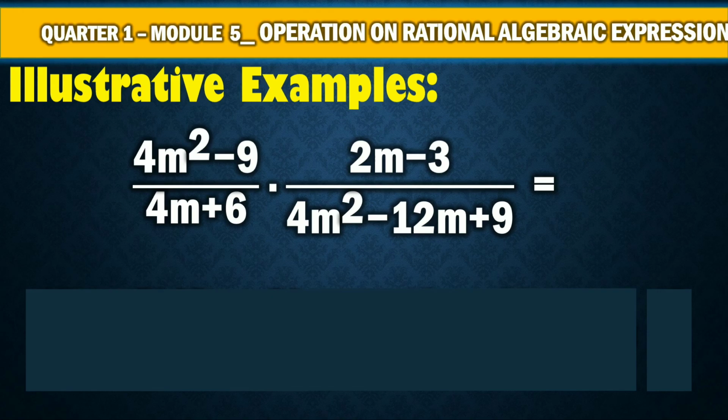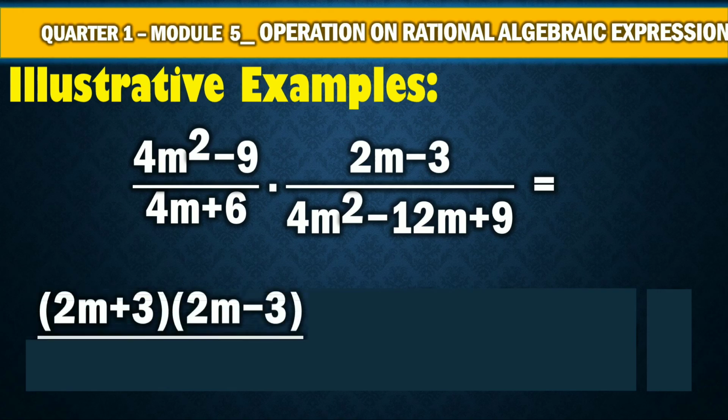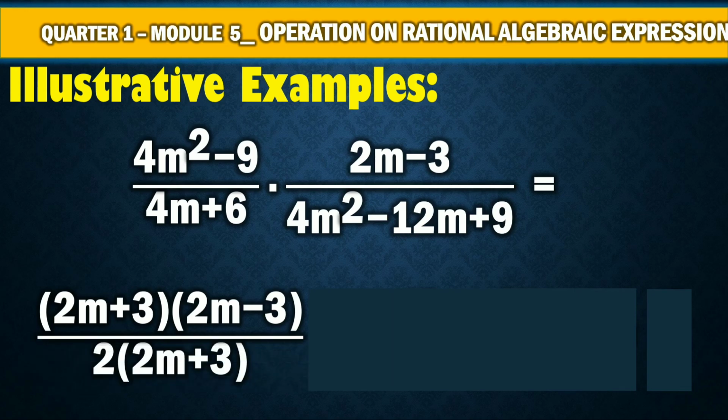Yung 4m squared minus 9 is equal to 2m plus 3 times the quantity 2m minus 3. Alam natin, this is a difference of two squares. Next, yung 4m plus 6 is equal to 2 times the quantity 2m plus 3. Tama? Next, yung 2m minus 3 sa numerator, naka-prime na yan.